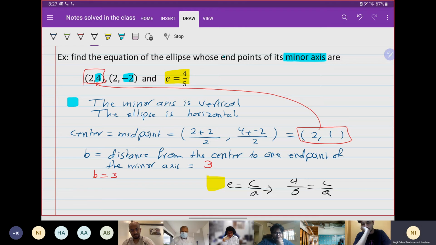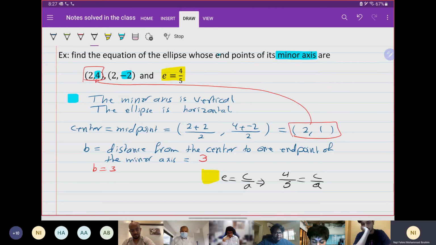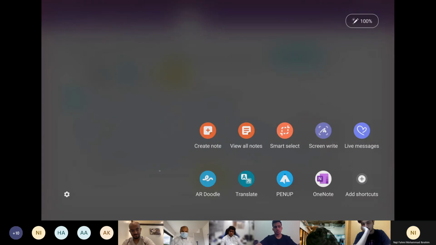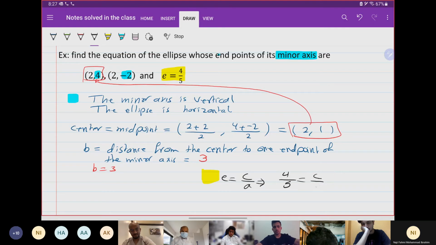Now, in general, Shabab, this does not mean that C is 4 and A is 5. We don't know that. Here in this equation, how many variables do you see? 4 over 5 equals C over A. 2 variables. Can we solve an equation in 2 variables?